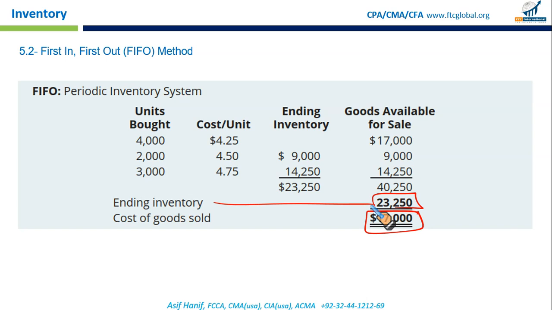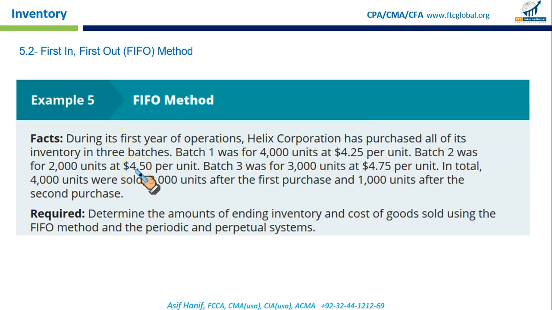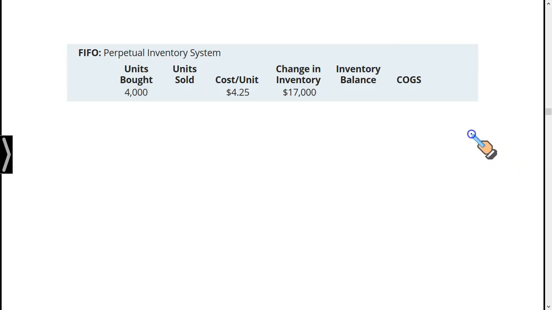Let us do the same question using FIFO perpetual, in which we will update our records after every purchase and every sale. Let us see how it is done in FIFO perpetual. Starting first with what we bought. We bought 4,000 units at this rate, so we go 4,000 units at the rate of 4.25 each. That is the value in inventory for now.